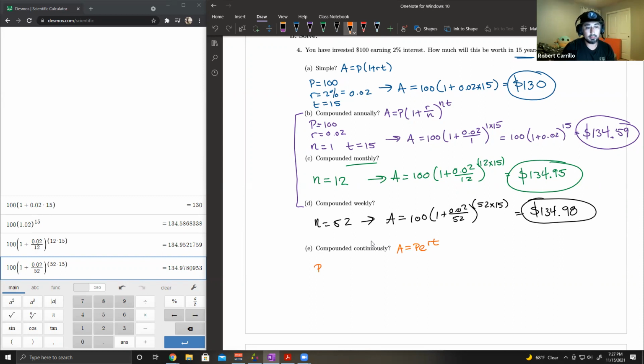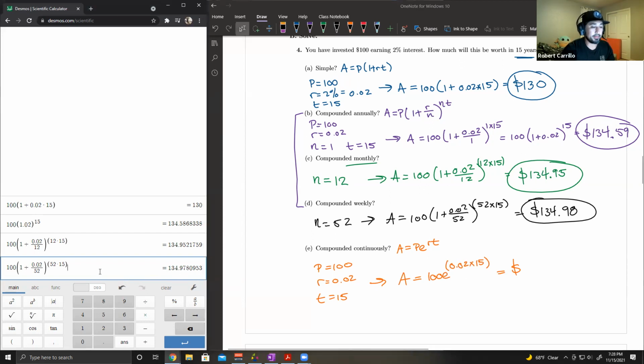So again, P is still 100. R is still 0.02. And time is still 15 years. So you get A equals 100 times E raised, I'm going to put parentheses, to the 0.02 times 15.